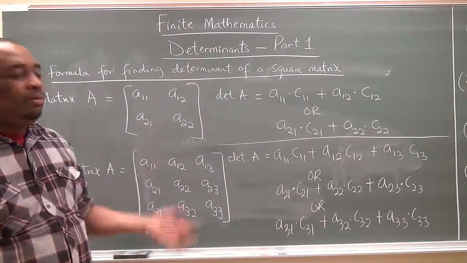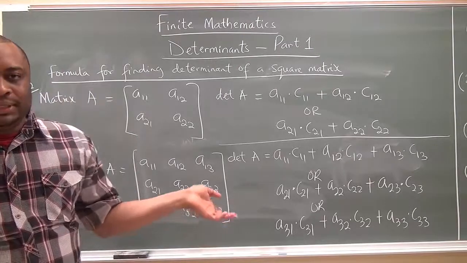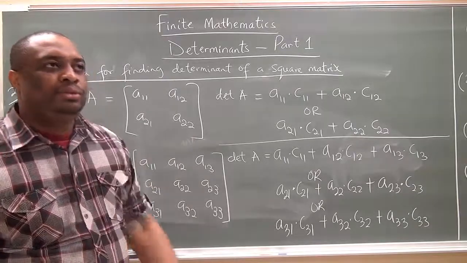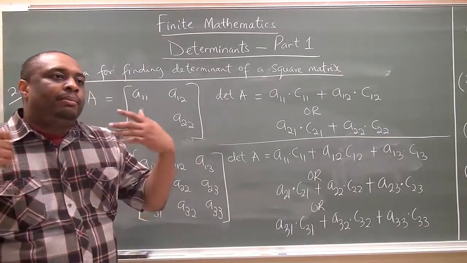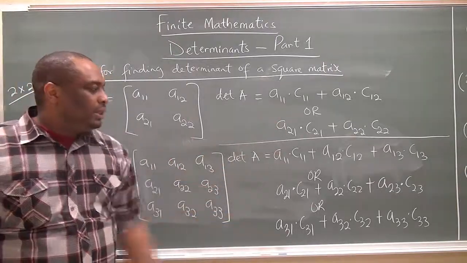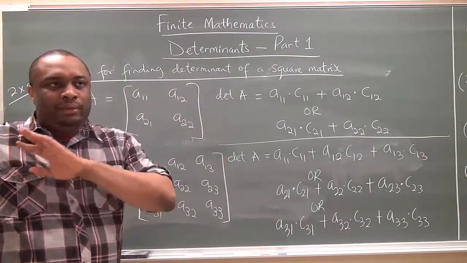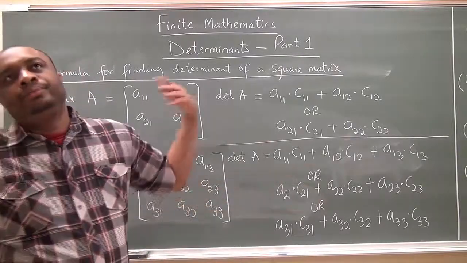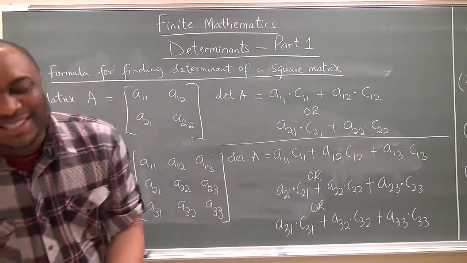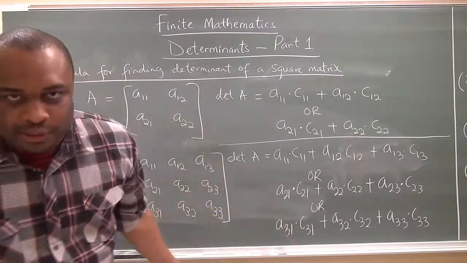It could be A11 C11 plus A12 C12 plus A13 C13 plus A14 C14, or A21 C21 plus A22 C22 plus A23 C23 plus A24 C24, or A31 C31 plus A32 C32 plus A33 C33 plus A34 C34, or A41 C41 plus A42 C42 plus A43 C43 plus A44 C44.